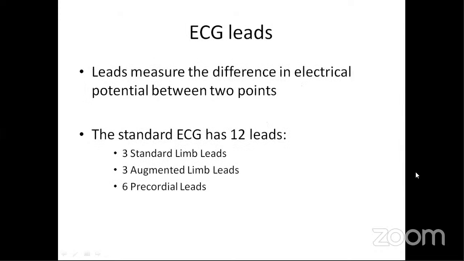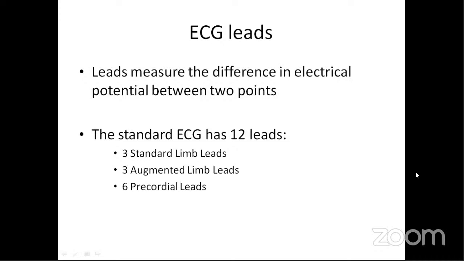Then you should know how many electrodes there are, and mainly surface electrodes are used to acquire the ECG signal. The leads are used to measure the difference in electrical potential between 2 points.